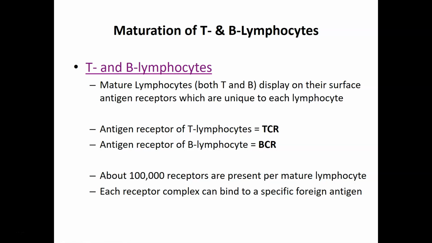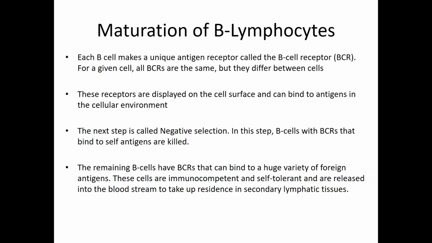Each cell will have 100,000 of these antigen receptors on its cell surface. But for any one cell, it's going to be the same, meaning it can bind to only one foreign antigen. But if you compare 100 different B cells, they're all making a unique antigen receptor. They're all going to recognize different foreign antigens. Same thing for T cell receptors.